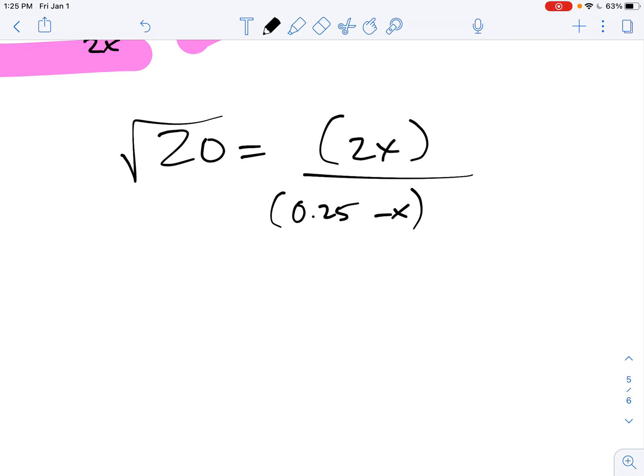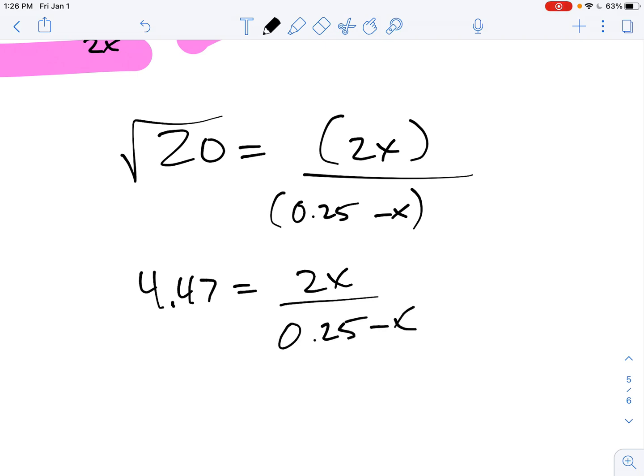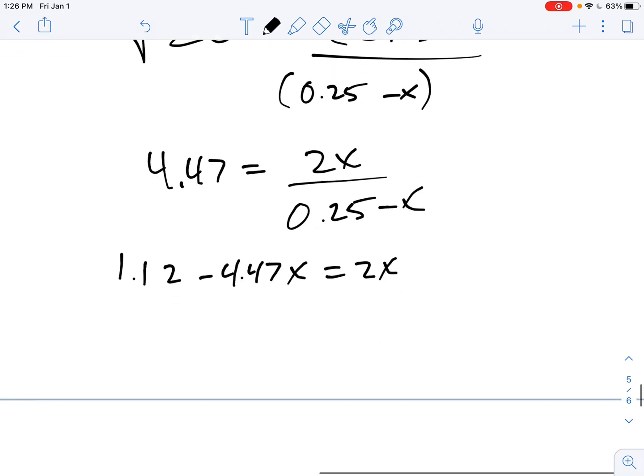Let's see, what's that going to be? 20 raised to the 0.5 power is 4.47. So that's going to be 4.47 is equal to 2x over 0.25 minus x. And so now it's just algebra. So 4.47 times 0.25 gets me about 1.12 minus 4.47x is equal to 2x.